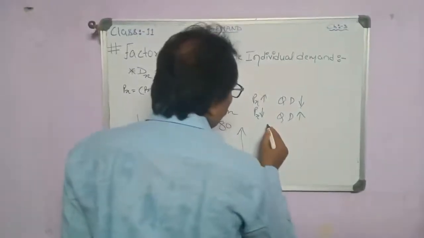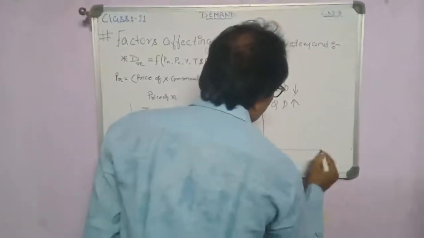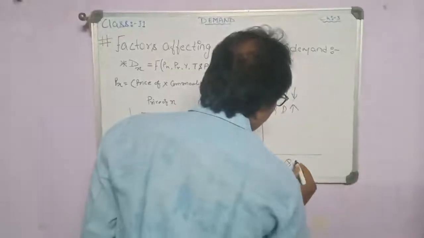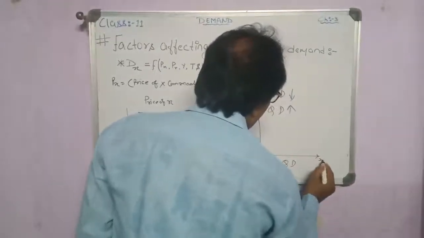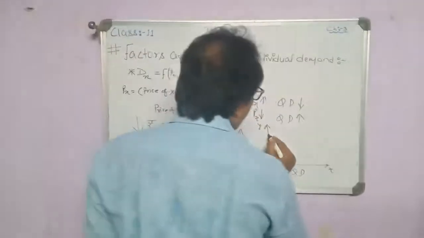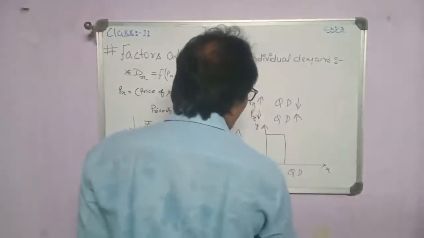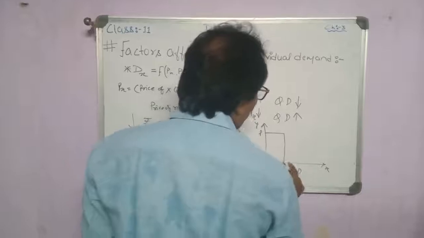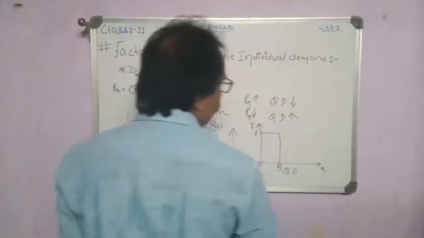Now come to the diagrammatical presentation. On the x-axis is QD and on the y-axis is the price. When the price is OP, the quantity demanded is OQ.